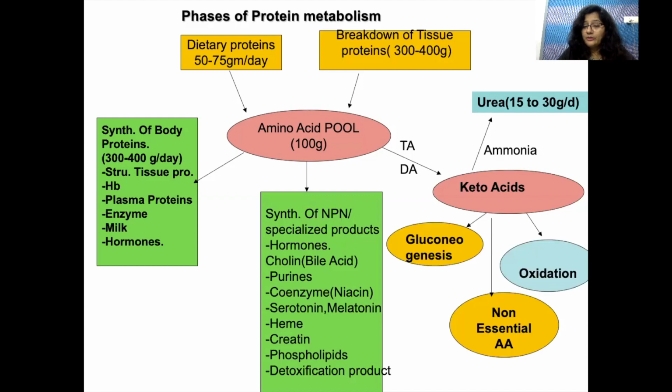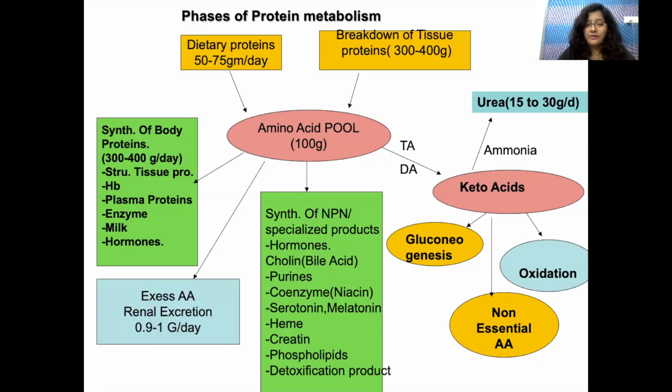Now, the remaining keto acids are either oxidized completely to form ATP, around 10 to 15% can be used in this way, and the remaining ones are used for gluconeogenesis, and also for the synthesis of non-essential amino acids. The remaining amino acids, which have no role in any of these phases, are excreted through the kidney in the urine.